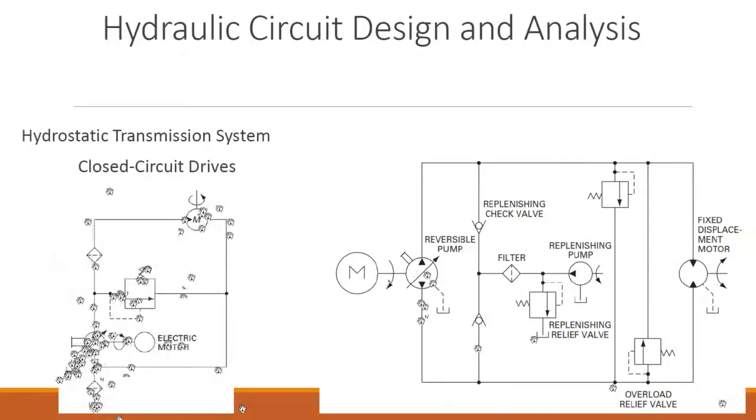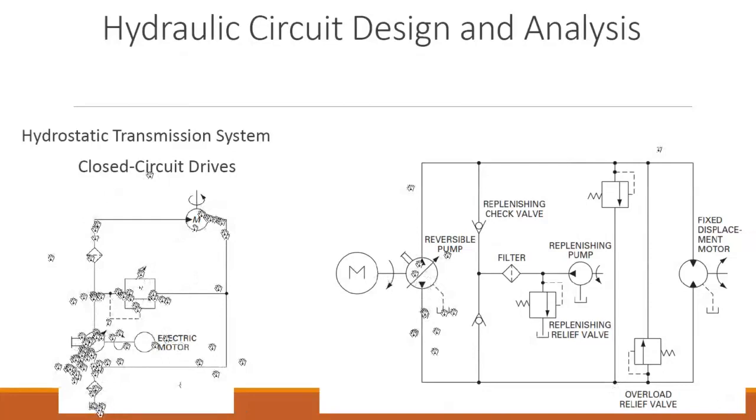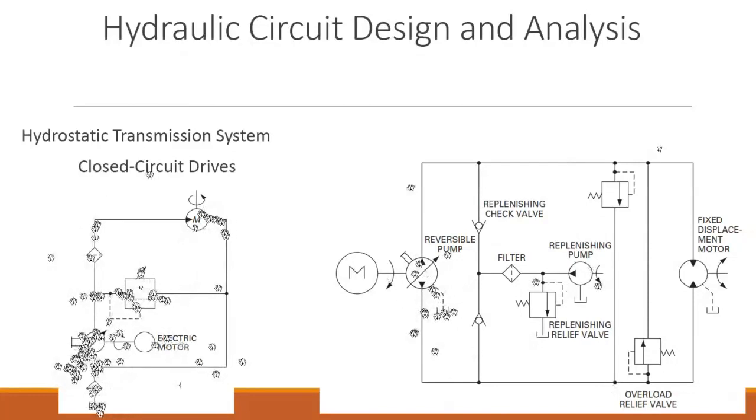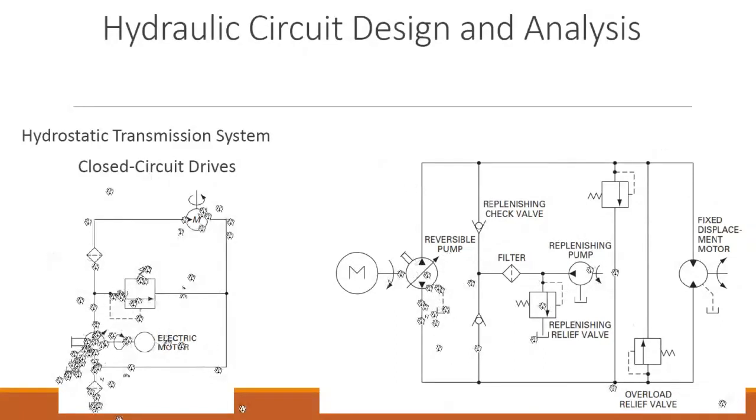So this is your motor that is running the pump, which is a variable displacement pump, and then this is this line which is placed here to replenish the lost oil. Okay, but we'll see if we need more oil, we can use this pump extra. But let's see first of all the functioning, and then we see how we can incorporate this replenishing pump into the whole circuit.